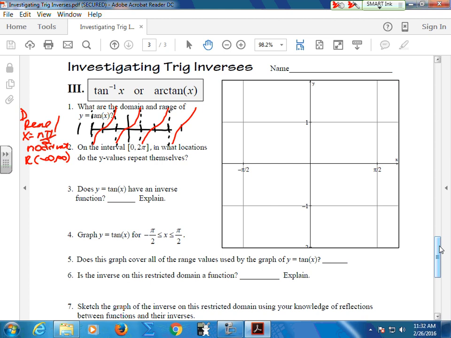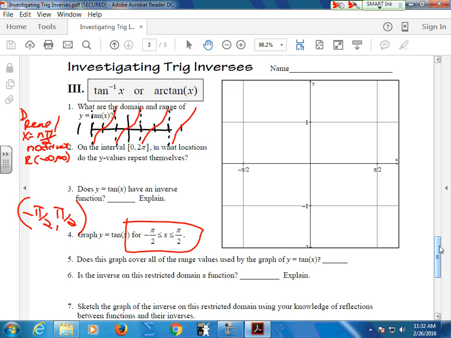Now, again, this does not have an inverse until we restrict it. And here's our restriction. Now, the only problem is, remember, tangent does not exist at 90 and negative 90. So the only difference from the sine is it says, don't try to do my tangent at 90. So I'm just a soft bracket.